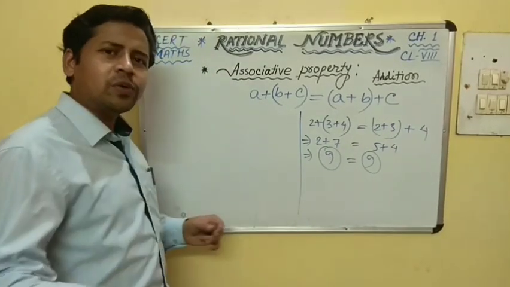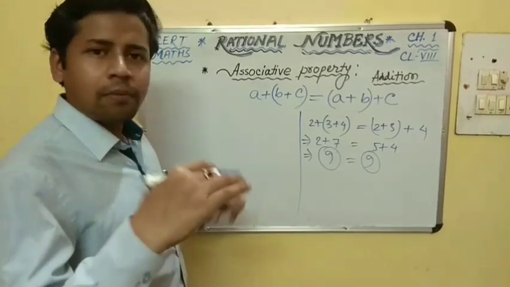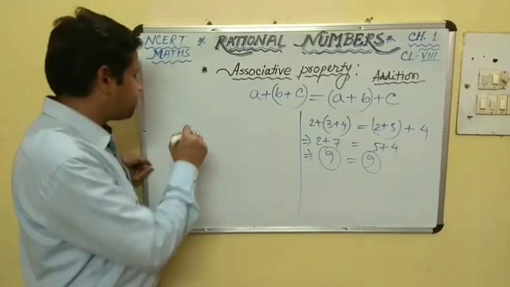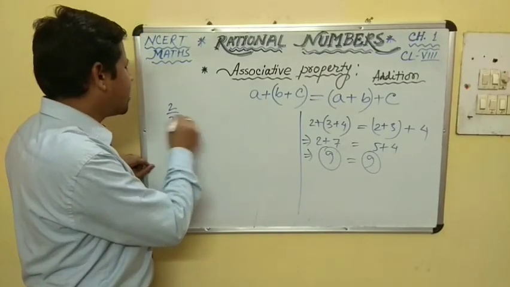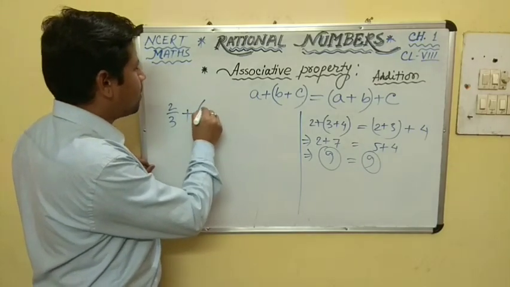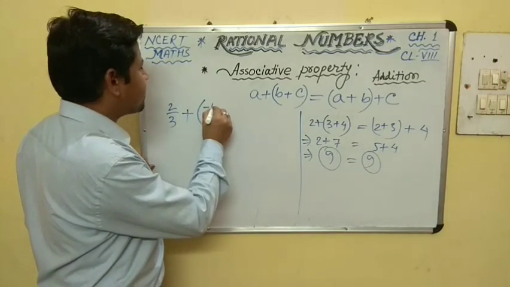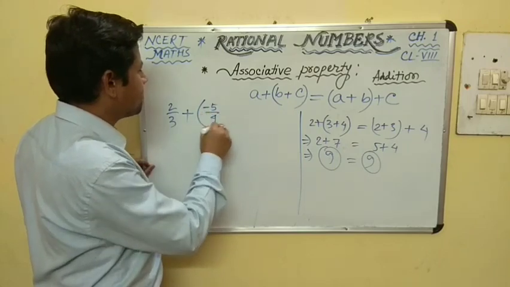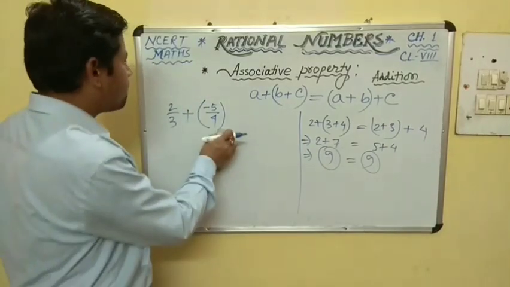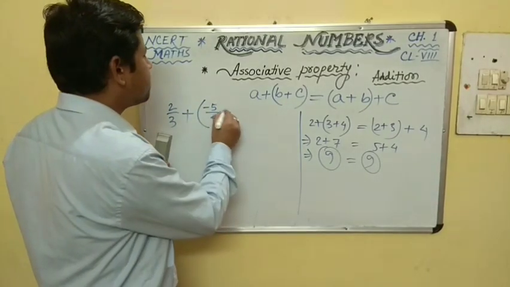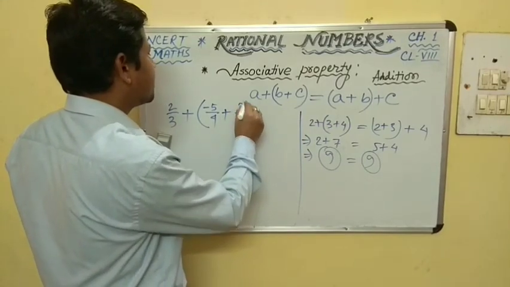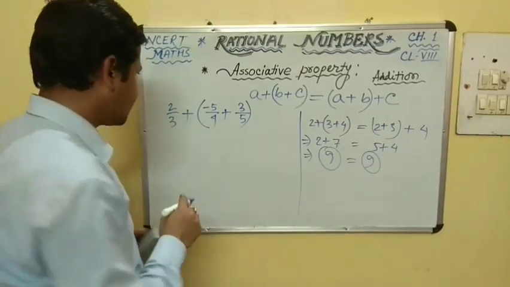I am going to take some fractional examples for you. So let's check. Suppose 2 by 3 is a fraction and you are adding minus 5 by 4 plus 3 by 5. So let's add them.